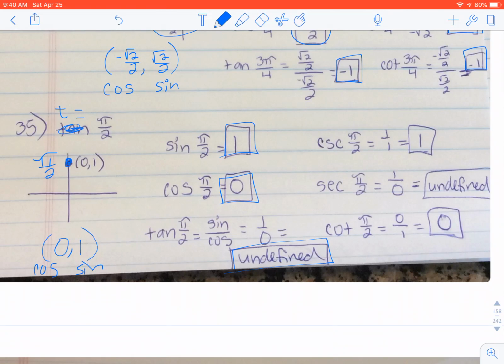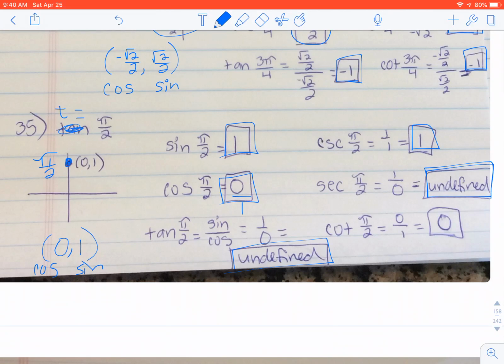So when you take the reciprocal of 1, it is still just 1. Secant of pi over 2, you're taking the reciprocal of cosine, 0 over 1, which is 1 over 0, which means it does not exist at this point. So your secant of pi over 2 does not exist. You may also write undefined.